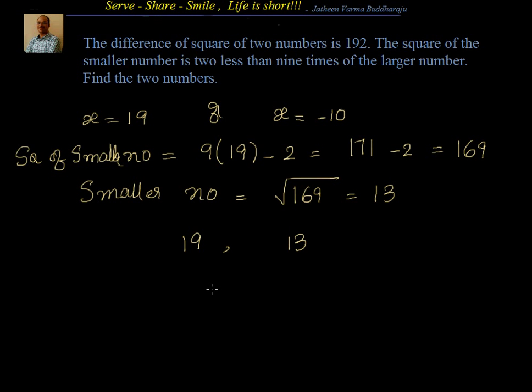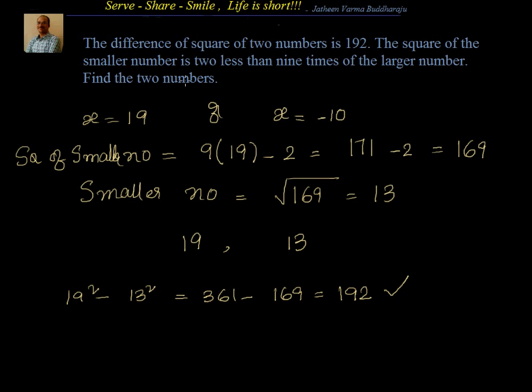So let us check the condition given. The difference of square of two numbers is 192. Let us check that. 19 square minus 13 square, that's equal to 361 minus 169, that's equal to 192. That seems to be okay. What is the other condition we have?